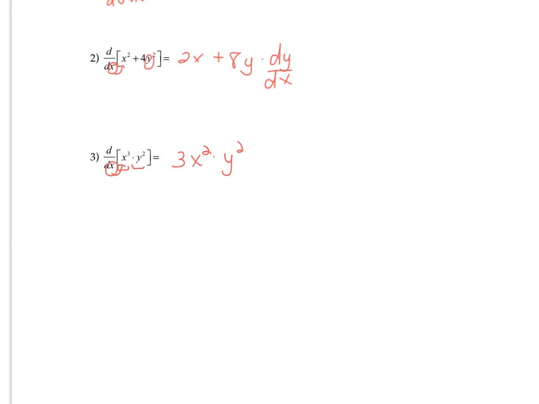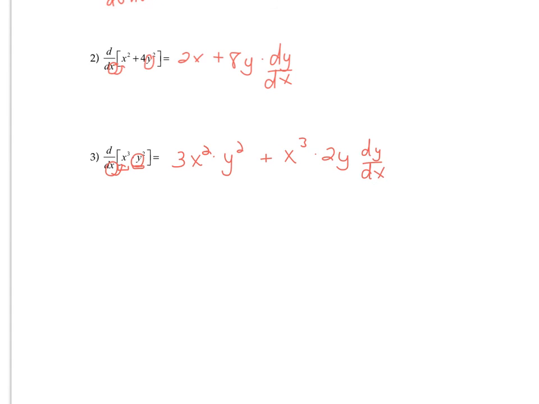In the product rule, we add. Now we keep the first function the same, so we have x cubed, and it's times the derivative of the second. But again, the second function here is y squared, so we have to apply the chain rule to just that piece. So it'll be multiplied by 2y, and then we have to take the derivative of y itself, which would be dy over dx.